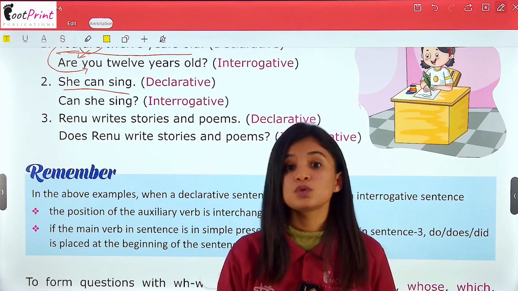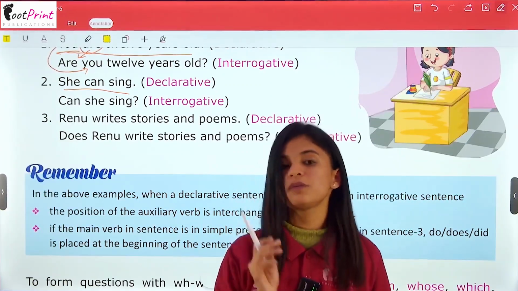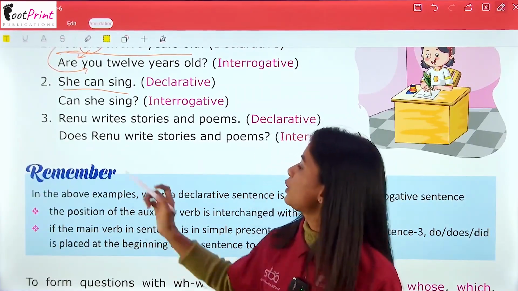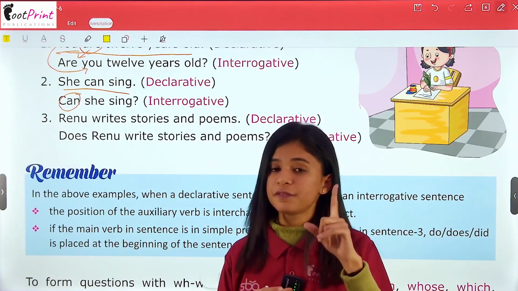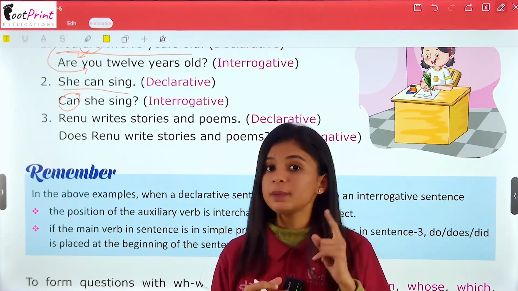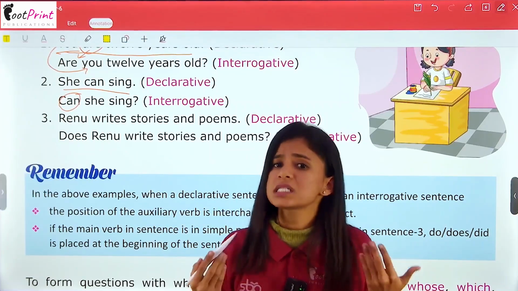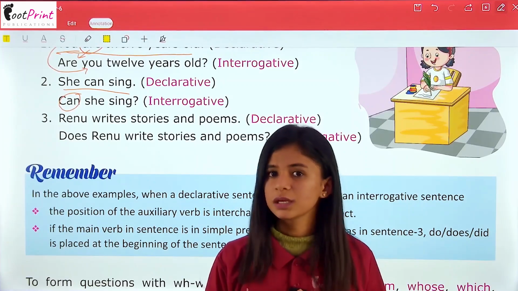Now, if we have to convert this into an interrogative sentence, we have to put the auxiliary verb first and then place the subject next to it. So we'll put can first. Can she sing? In the first sentence, we knew that she is able to sing. She can sing, right? But in the second sentence, we are asking about her, like, can she sing?